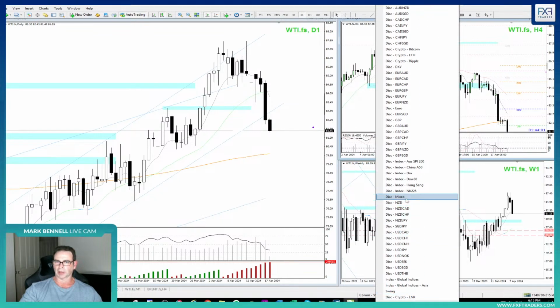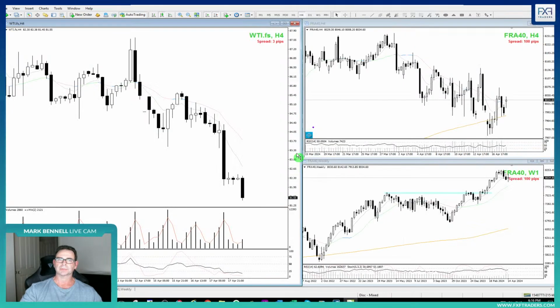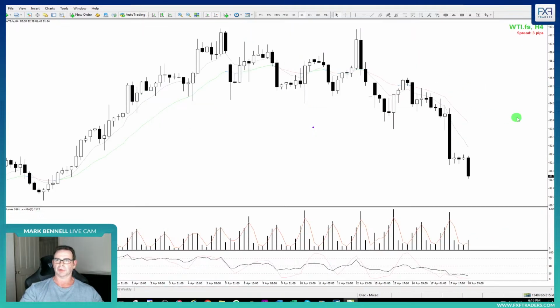So go back to my clean page. WTI 4 hour. We've got the base, sorry, the top through here, the distribution top. We have the breakdown, pullback. Now often this is the breakout pullback. So we've actually got the IO here as well, and that's triggered, right?